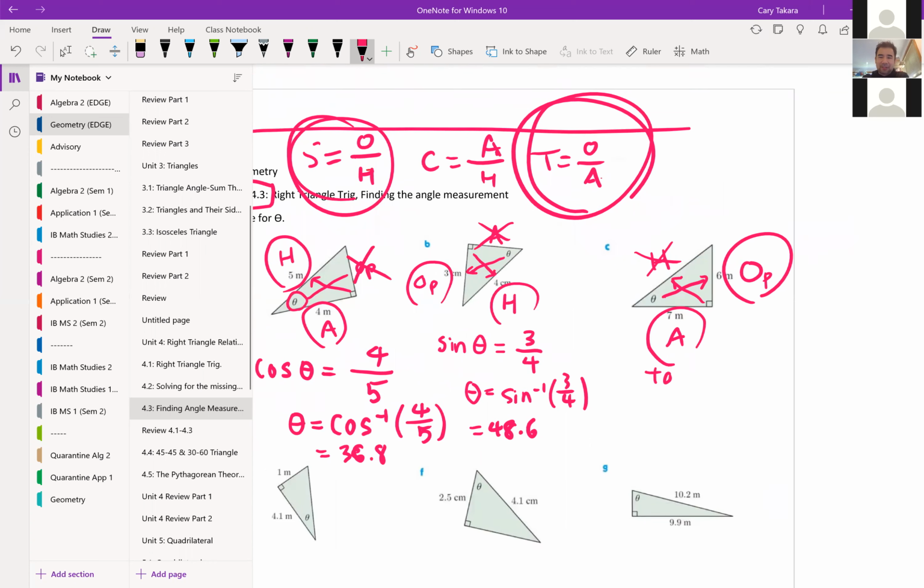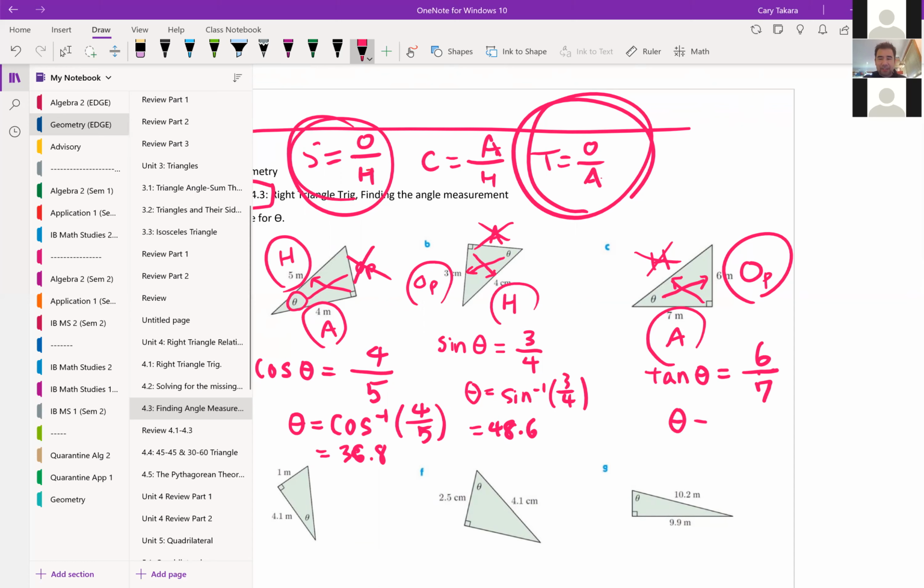So, tangent of theta equals, what's the fraction? It will be opposite over adjacent. So it will be 6 over 7. Very good. Nice job, Alexis.